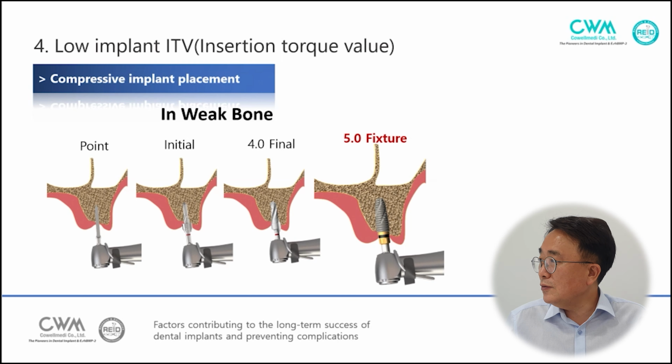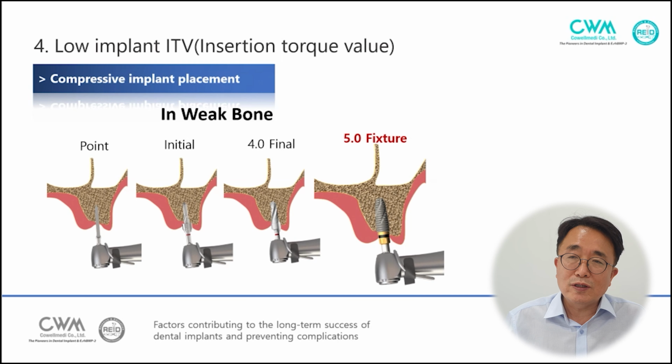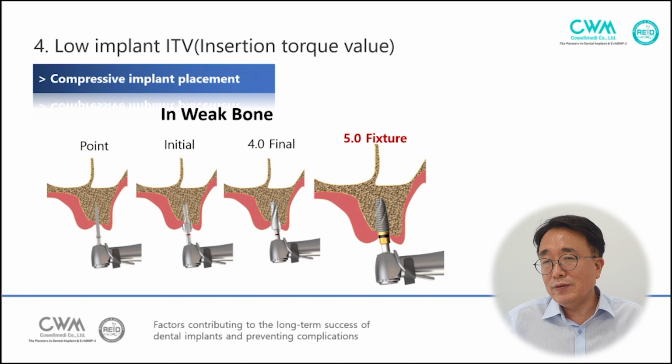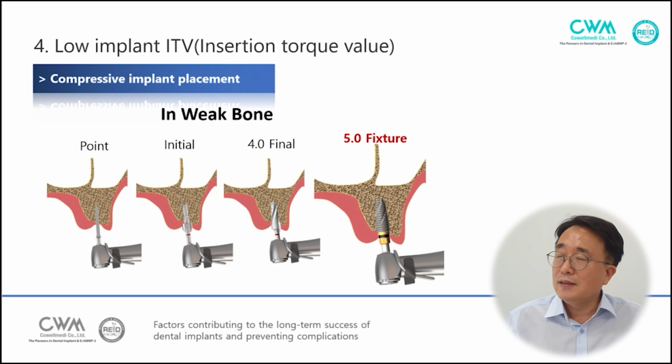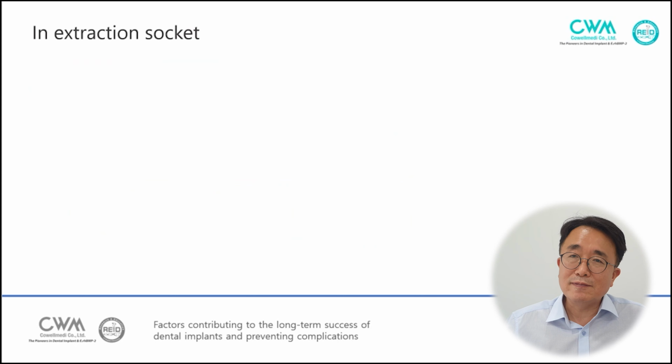But if you use compressive implant placement, even if you get 40 Newton centimeter ITV, this ITV will decrease during 6 weeks. So you have to use a conventional diameter healing abutment.